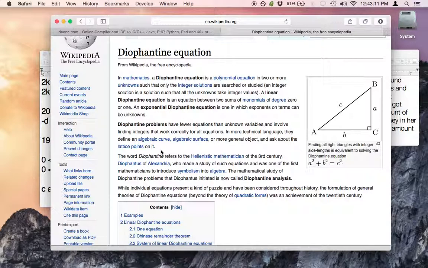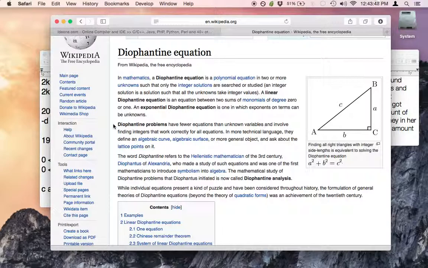It says the word Diophantine refers to the Hellenistic mathematician of the 3rd century, Diophantus of Alexandria, who made a study of such equations and was one of the first mathematicians to introduce symbolism into algebra. The mathematical study of Diophantine problems that Diophantus initiated is now called Diophantine analysis. Now, there are a lot of different ways of approaching these kinds of problems, but if you want to get an idea of how different these are from just regular algebra, just take a look at this paragraph.